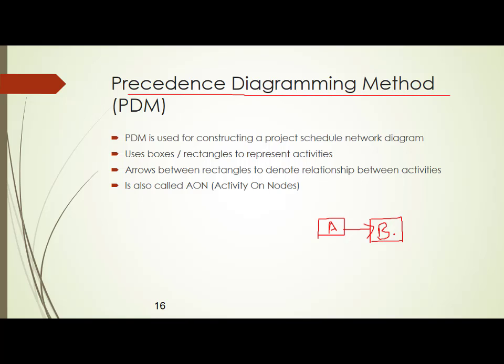What exactly are A and B? I am just giving you some vague names. A could be an activity itself and B could be an activity itself. I am just calling them A and B. We will draw these precedence diagramming method diagrams also, but at this point of time, understand the meaning of precedence diagramming method.